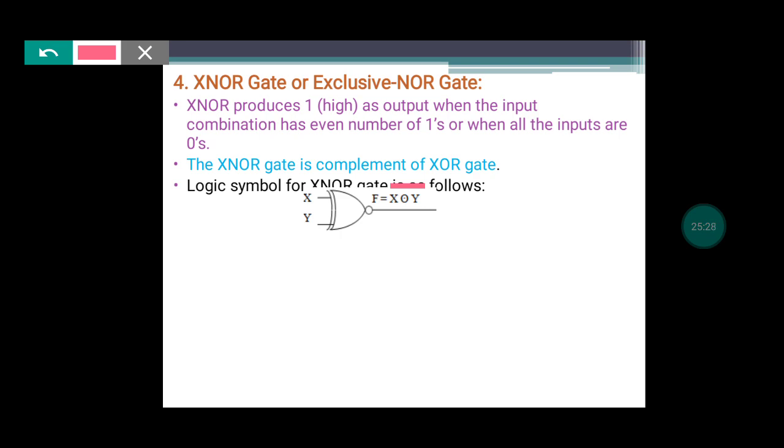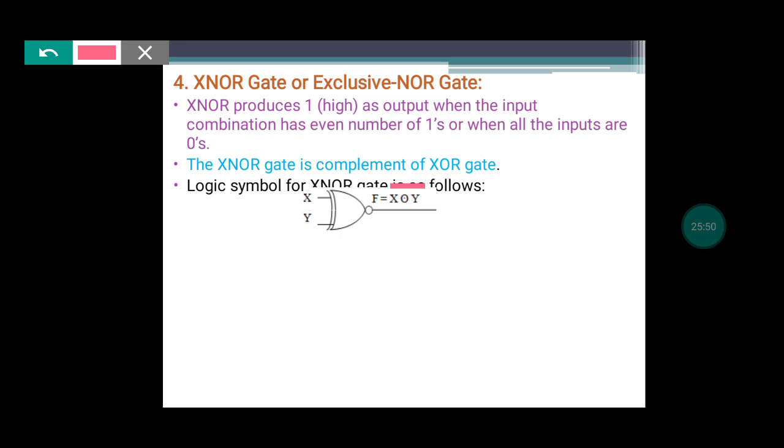So this XNOR gate is nothing but a complement of the XOR gate. See the diagram. How can we draw? We have here one OR gate, and behind the OR gate there is one line. That we have to include because that is representing an XOR gate.